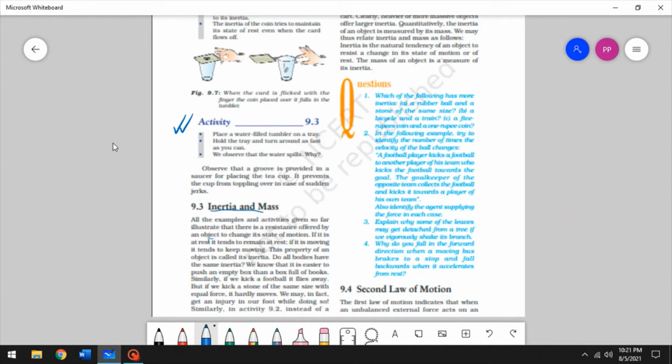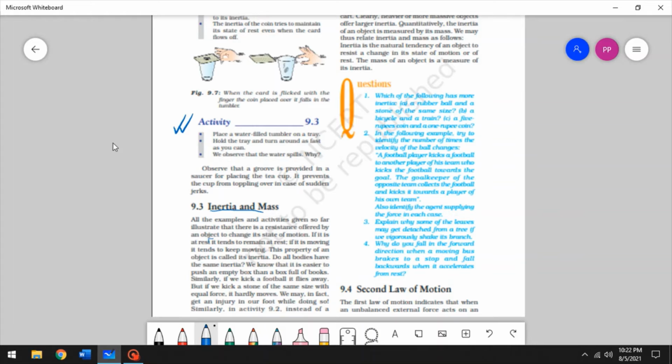And I also talked about friction, which I said is a resistive force. So there is a resistance that is offered by an object to its change in state of motion. Whether it's going to stay at rest, stay in motion, or change from motion to rest or rest to motion, or whatever else combination that you can come up with, that is all because of an external unbalanced force, right?